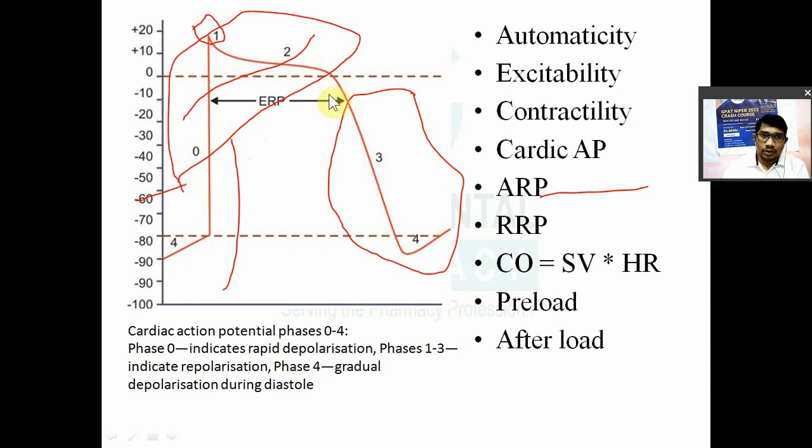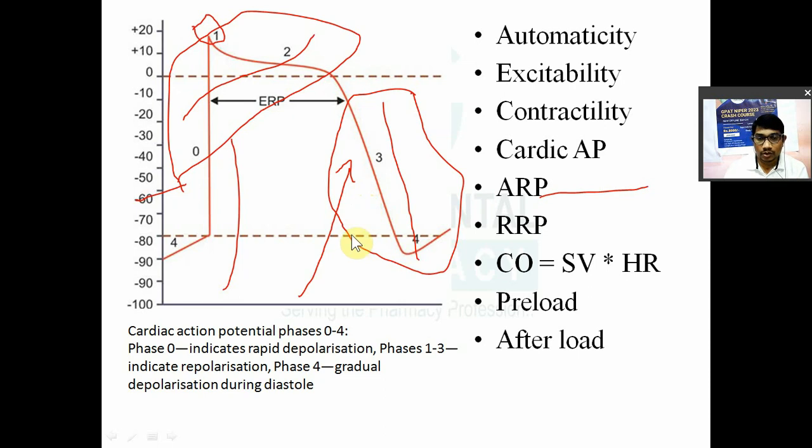During phase 3 and phase 4, these are the phases of repolarization. If any stimulus comes during phase 3 and phase 4, the cardiac cell may excite if the stimulus is strong.